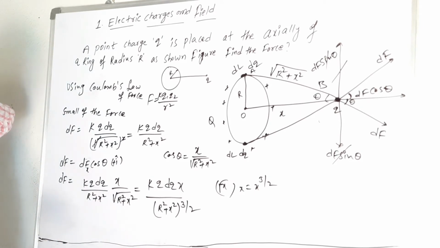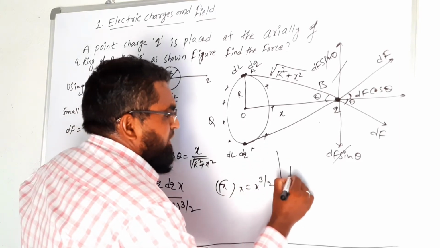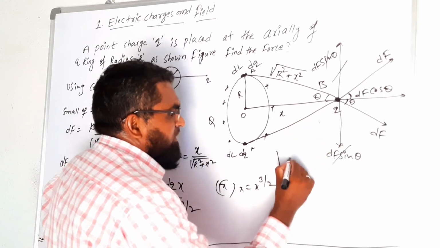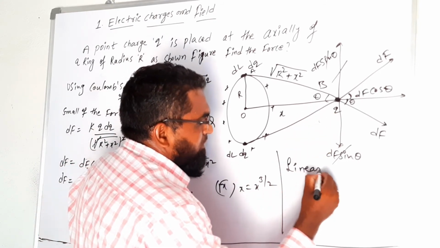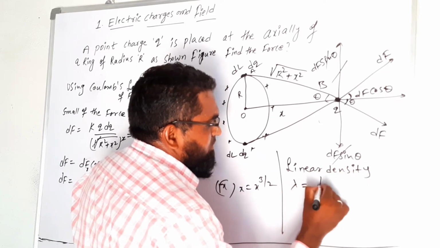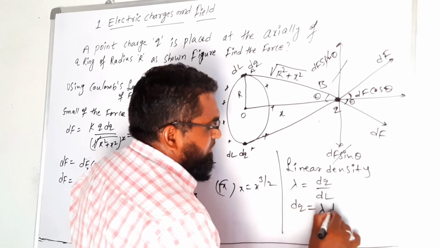Now we are going to derive the dq value. Before that, the linear density lambda equals dq by dl, so dq equals lambda into dl.